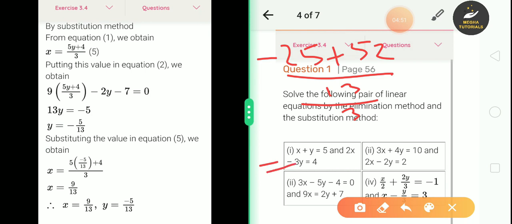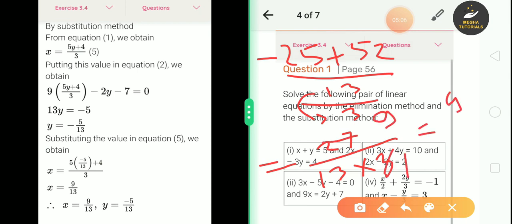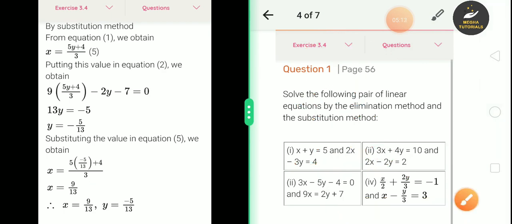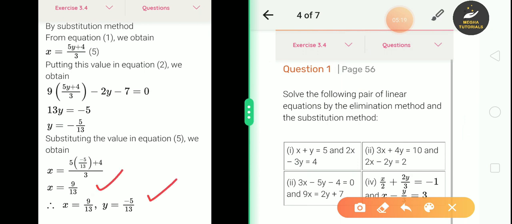So further you can multiply this denominator with the main denominator. So minus 25 plus 52 is 27 upon 13 into 3, and 3 1s are 3, 3 9s are 27. So finally you will get 9 upon 13. So the value of x is 9 upon 13. Therefore x and y are 9 upon 13 and minus 5 upon 13. So this is the final answer.